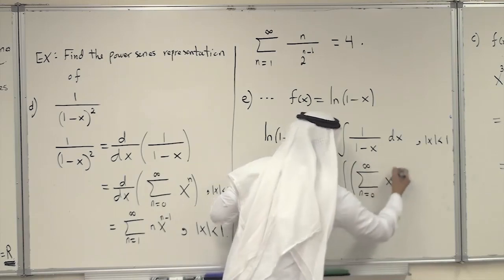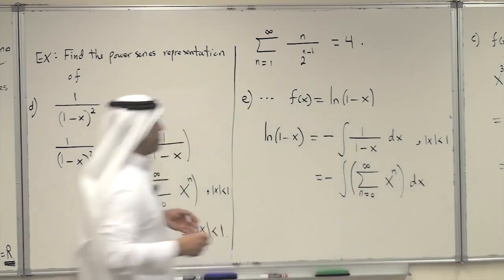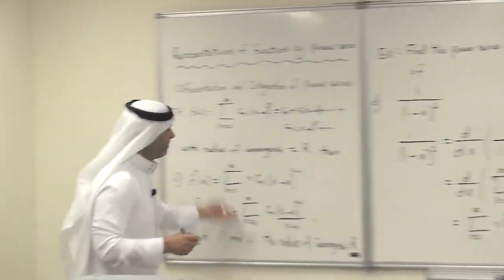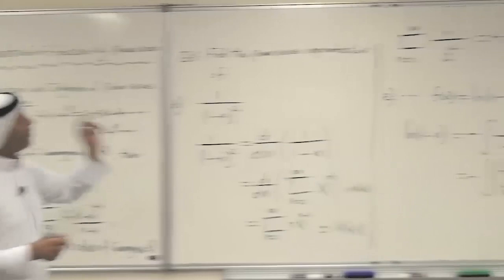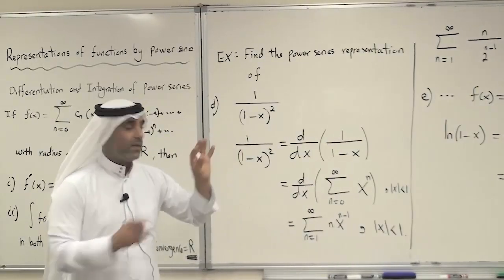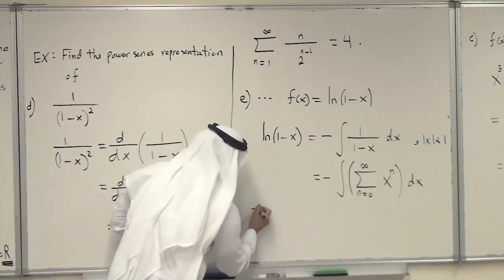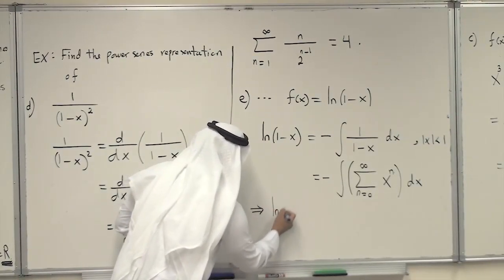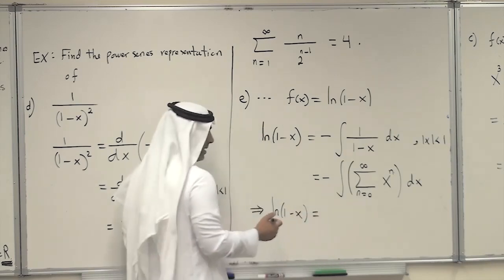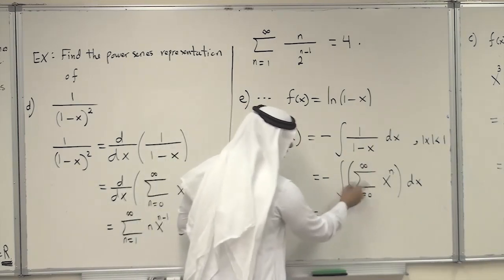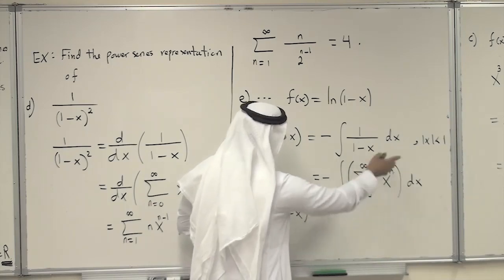I need to integrate this power series with respect to x, and according to the discussion we made here, you can always integrate a power series whenever you are working in the convergence region. Fine. So this implies ln of 1 minus x is equal to, integrating now, switching the summation with the integral because we have absolute convergence here.